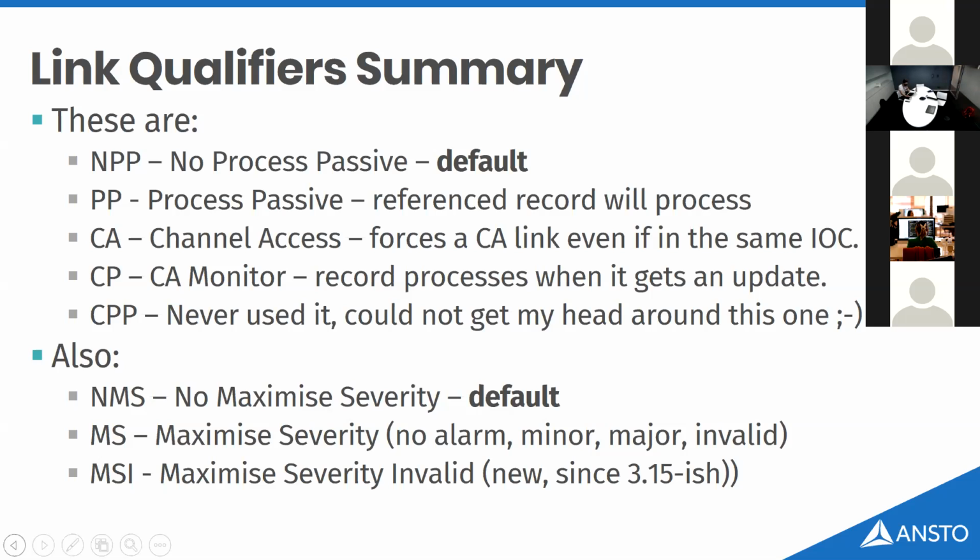I'd have to say that's the opposite of my understanding of what PP does. I thought PP was process if passive, not process regardless. So the whole CP, PP, CPP could do with some better explanation in the docs. It's a case of try one, and if that doesn't work, try the other one. It just says if it's set to PP, it will be processed before the value is returned.